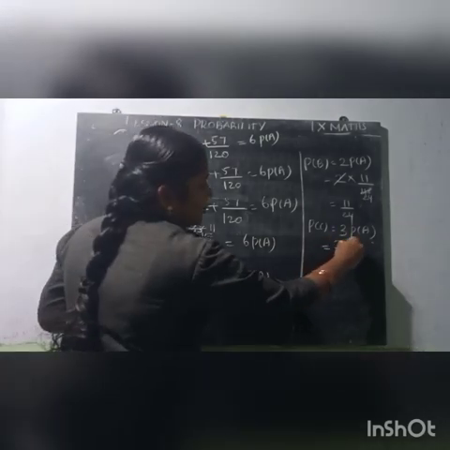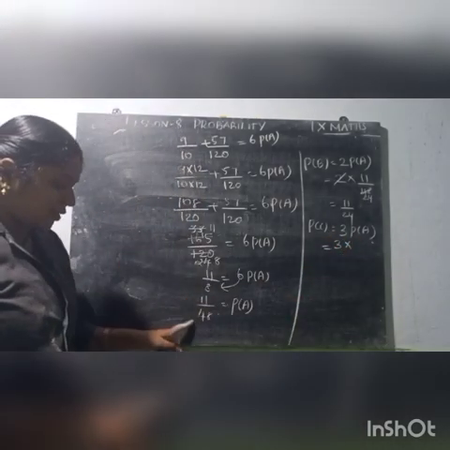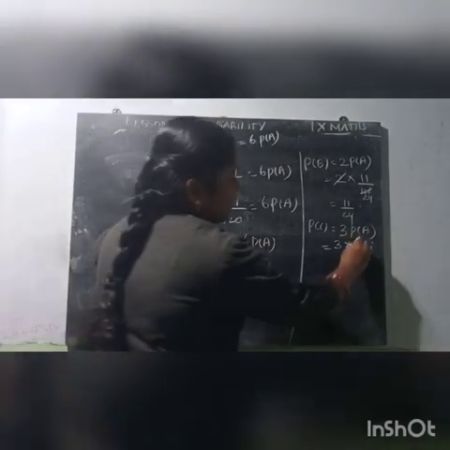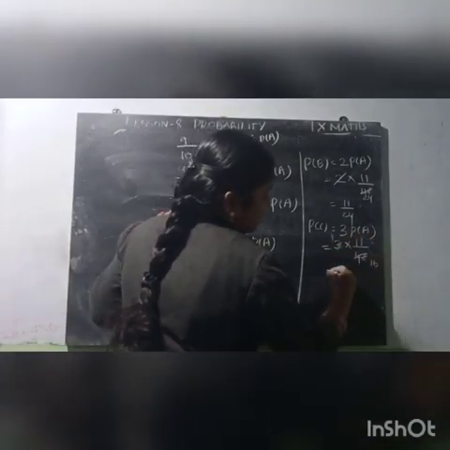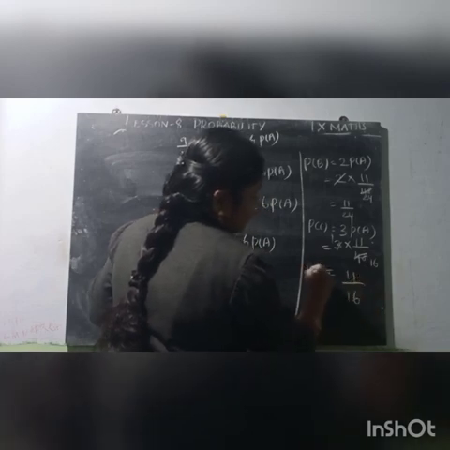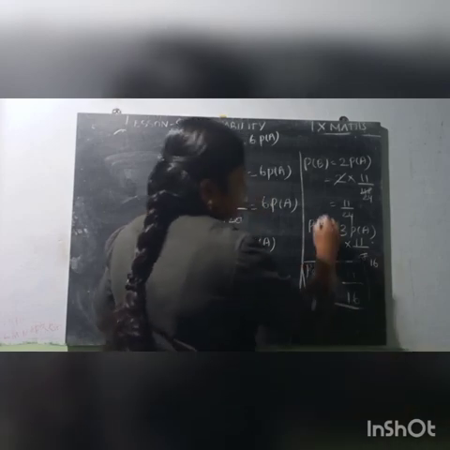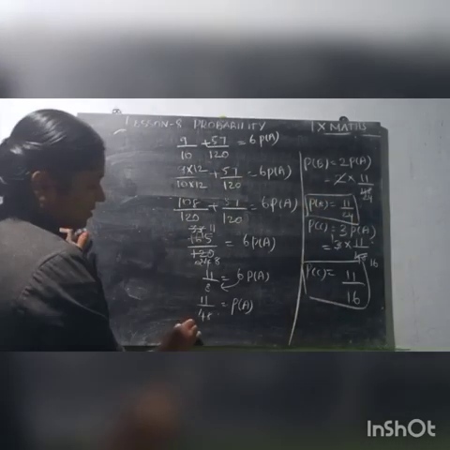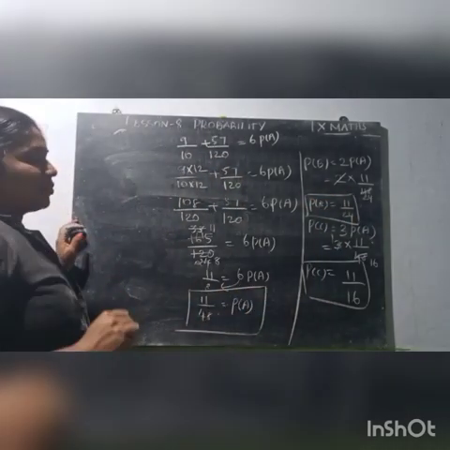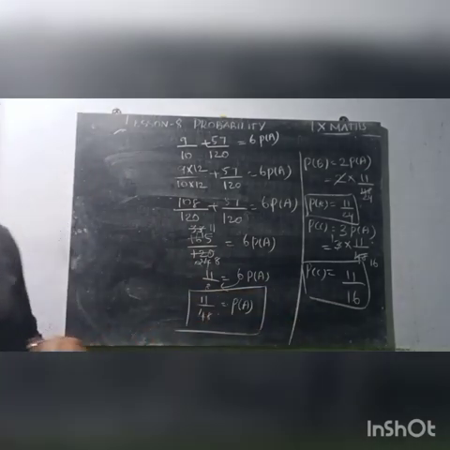So 3 into the P of A value, 11 by 48. So write 11 by 48. 1 time, this is 16 times. So 11 by 16. This is the P of C value, this is the P of B value and this is the P of A value. So now we got all three probability values.